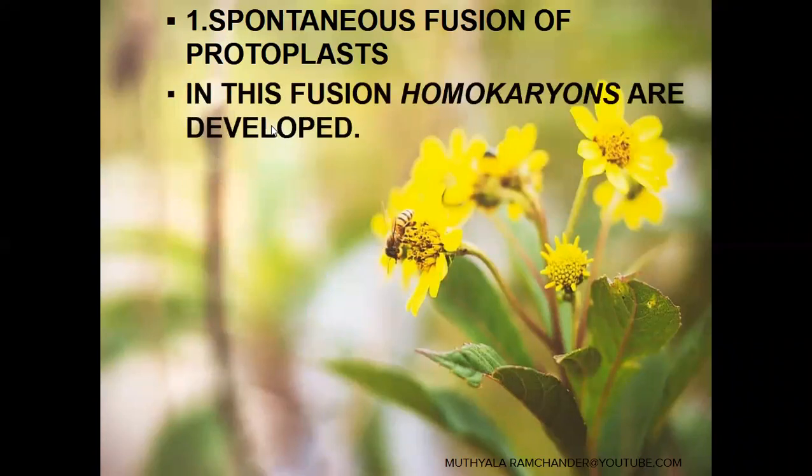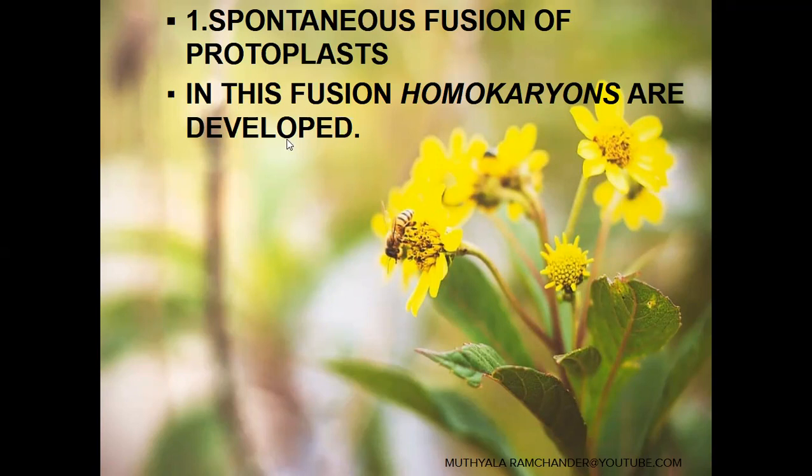In this fusion, homokaryons are developed. Homokaryons means fusion of protoplast done by the two methods or two steps. One is spontaneous fusion of protoplast. In this spontaneous fusion, only same species of protoplast are fused.